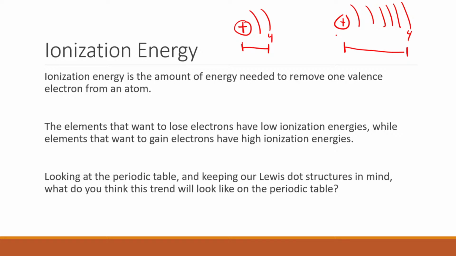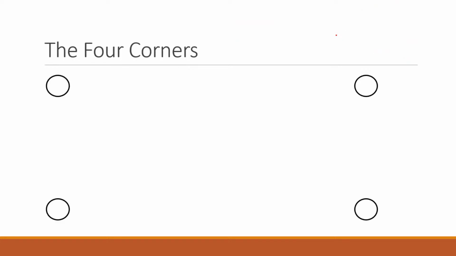What we're going to do for this and for all the other trends that we look at is we're going to look at the 4 corners of the periodic table. We're going to look at lithium, fluorine, francium, and ununseptium.